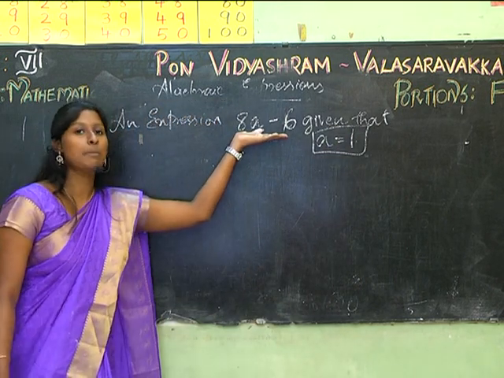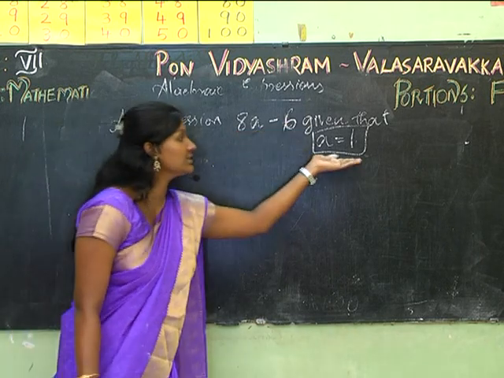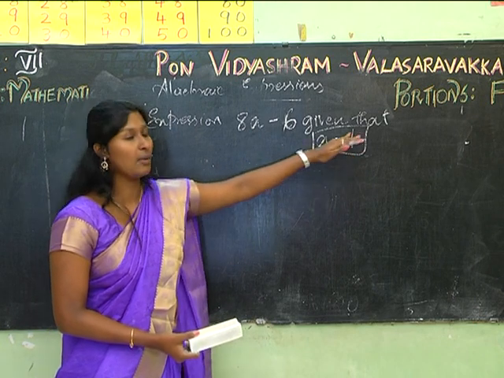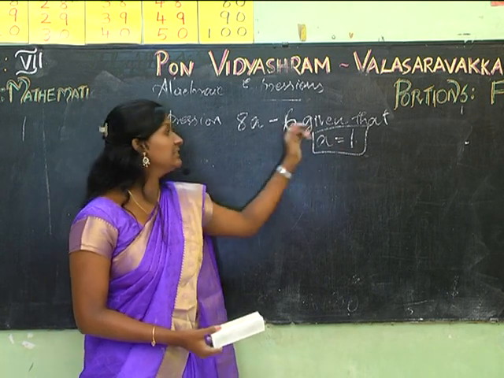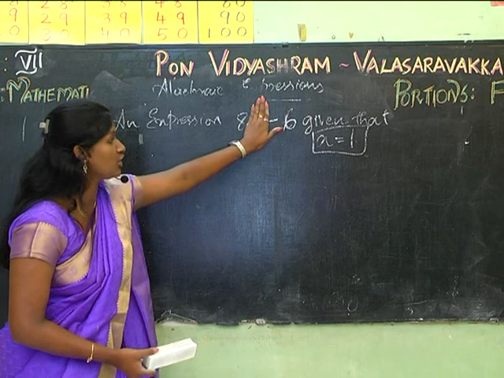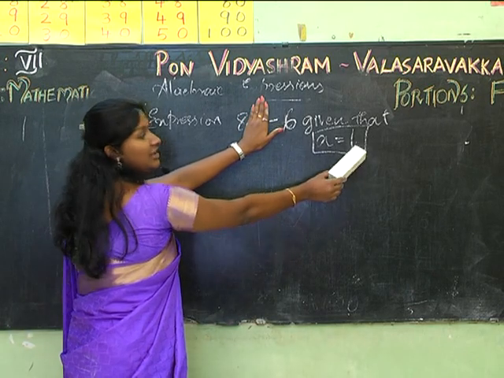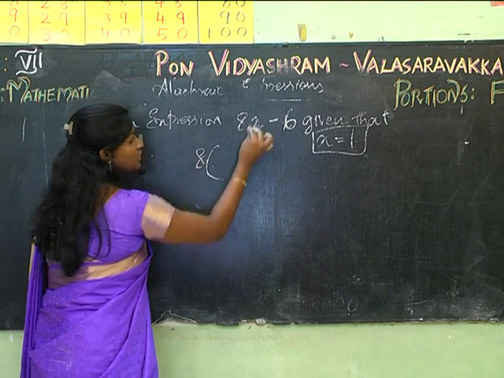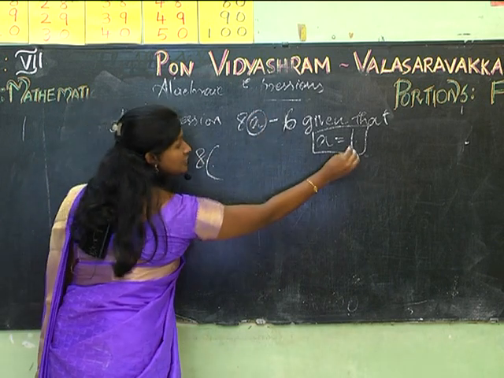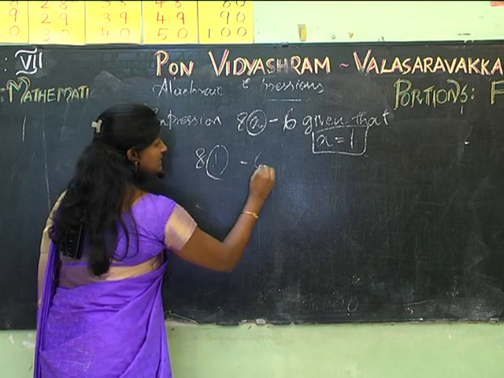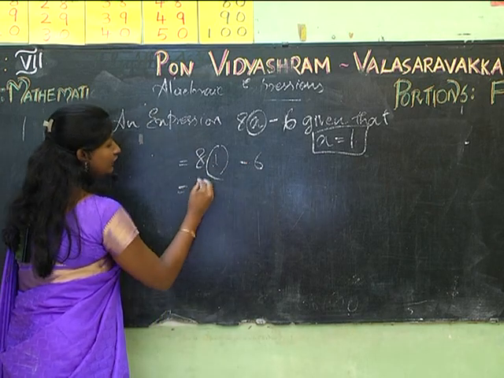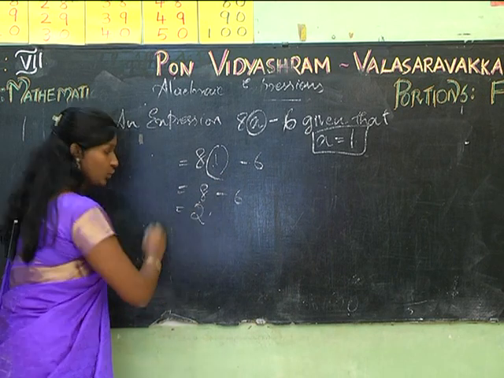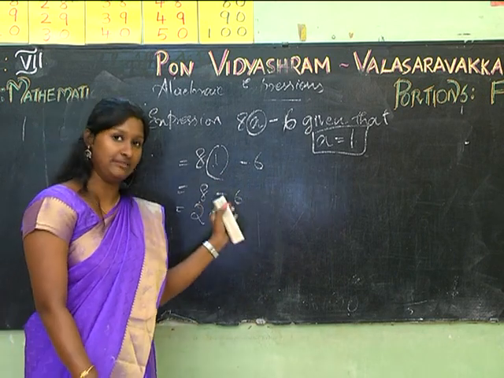So this is my binomial expression, and these are the values which I'm taking. So I'm going to substitute the value 1 in the place of a, and the numerical value 6 in the place of b. So we can find the value of the given expression. So 8 into 1 gives you 8 minus 6, and 8 minus 6 will give you 2. So this is the value for the given expression.